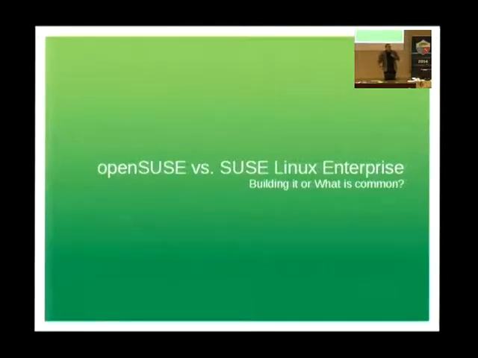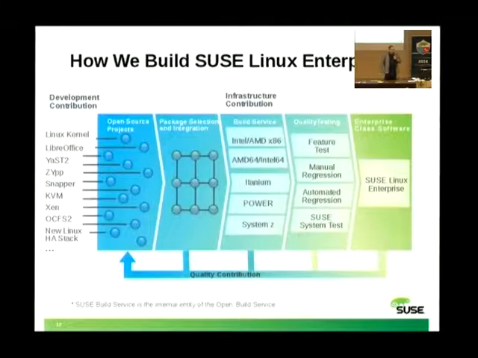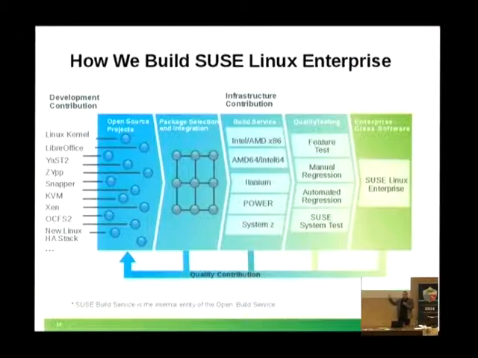But there's also a lot that we have in common with openSUSE. And one of the major parts of that is building the product. So openSUSE is the upstream for SUSE Linux Enterprise. And we are using the same technologies.